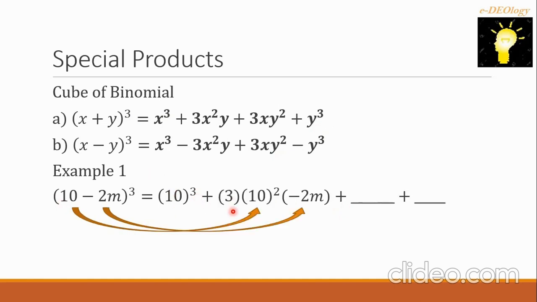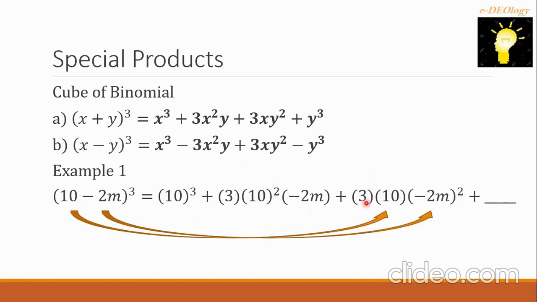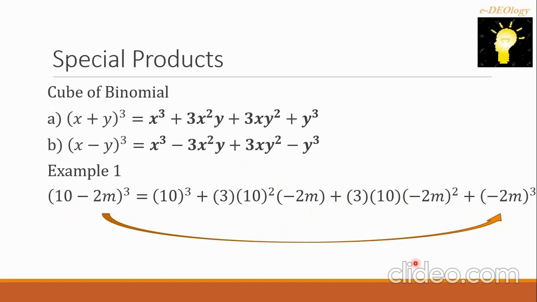The second blank, I'm going to write my constant 3, and then these two terms I'm going to copy here, but the first term, which is 10, must be squared. In the third blank, the constant 3 must be there. I will copy the 10 and the negative 2m, but this time the second term, the negative 2m, must be squared. For the last blank, the negative 2m must be raised to 3.